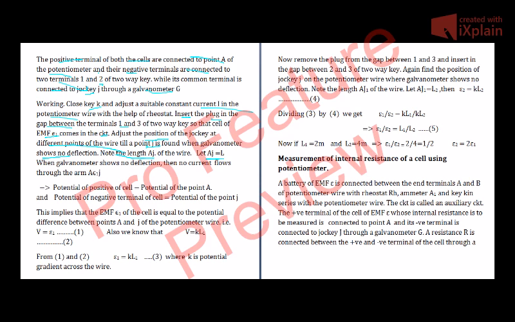When the galvanometer shows no deflection, no current flows through the arm AE1.